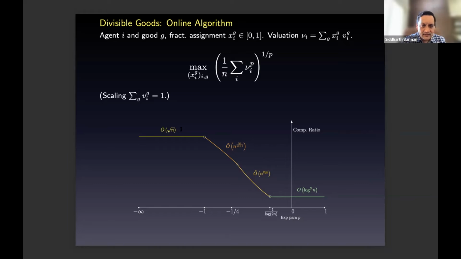Again, neither the x-axis nor the y-axis is to scale, this is more an illustration. This is a large number compared to log n. And suddenly, when p goes from here to, let's say, below, the lower bound also drops to log n. So close to 0, say in this regime, you have a lower bound of log n.